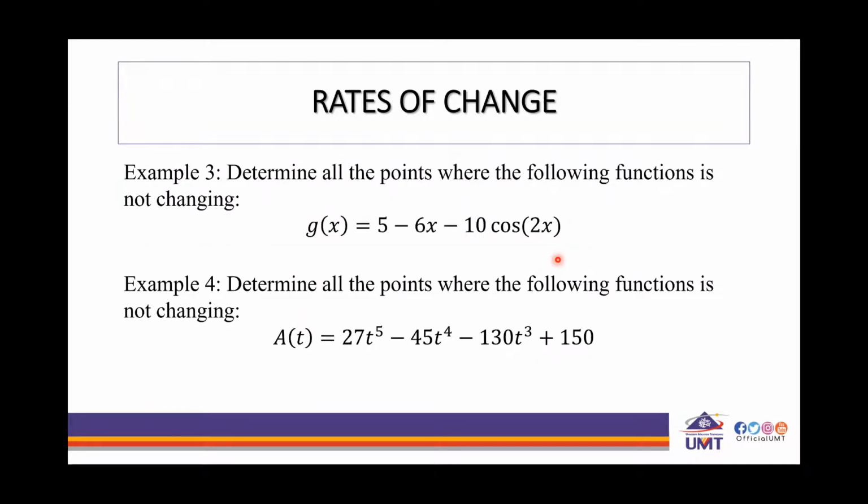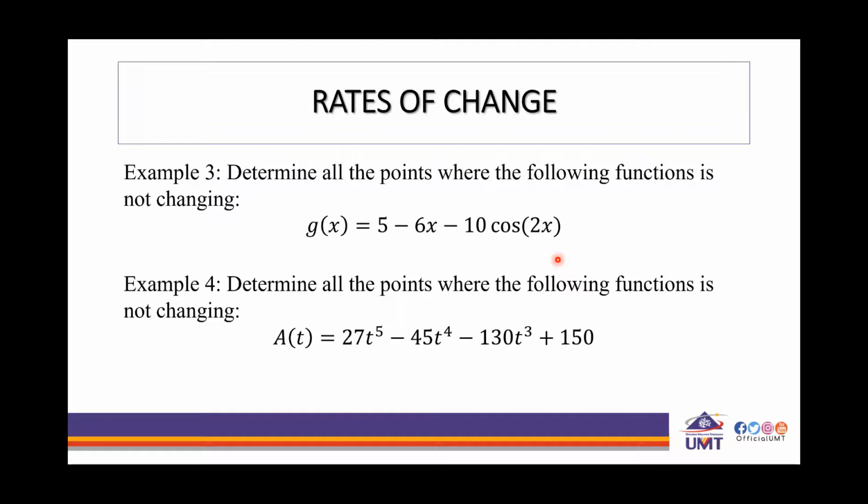Now, an example: determine all the points where the following function is not changing. g of x equals 5 minus 3x squared minus 10 cos 2x. To answer this type of question, first you have to know what the question asks you to do.